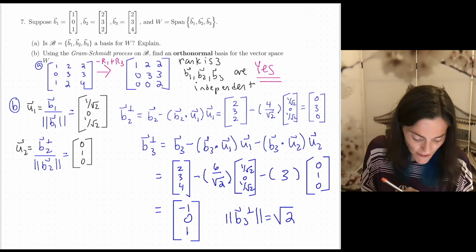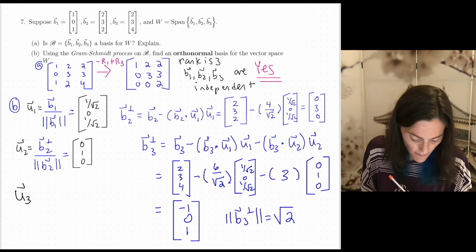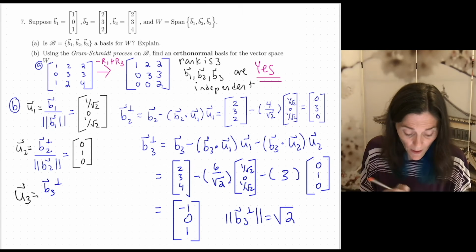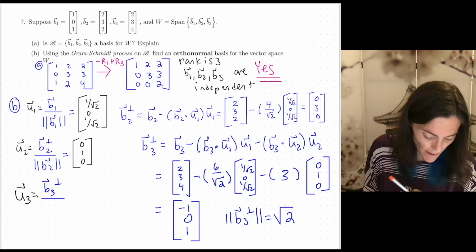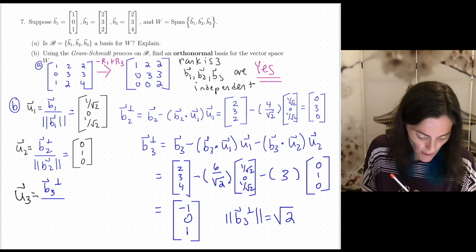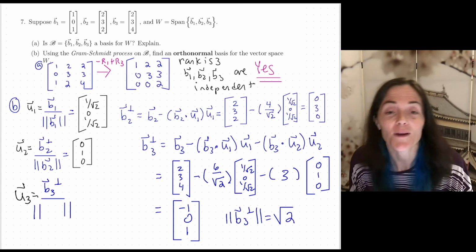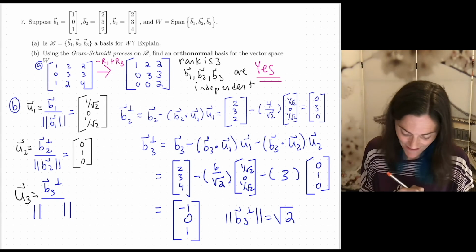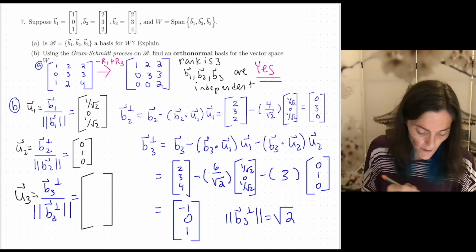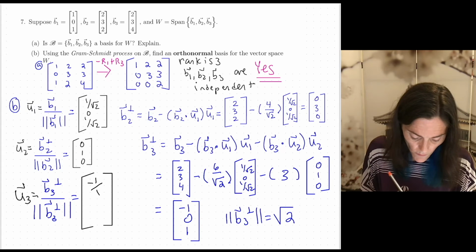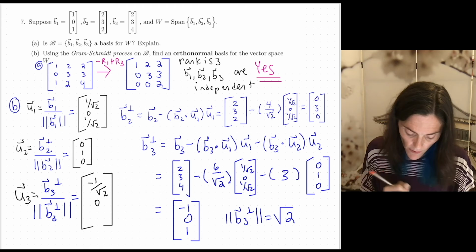So my final vector, U3, we take this component of B3, which was perpendicular to the span of U1 and U2, and we divide by its length. This is how the Gram-Schmidt process goes. So we have minus 1 over the square root of 2, 0, and positive 1 over the square root of 2.